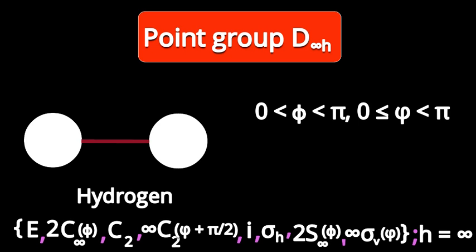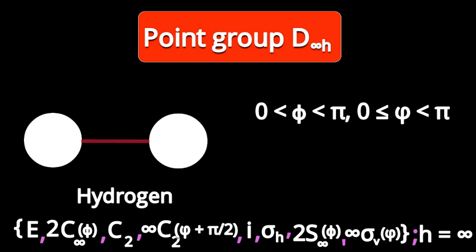How are we representing it? Double the S infinity operations with variant angle phi. See here, the number is infinite. The variation is very small and therefore doesn't change the number. Infinite operations are possible for the proper axis of rotation, and for the improper axis of rotation, rotoreflection, also an infinite number of operations are possible. Students, are you following? Afterwards, the last operation possible is a vertical plane.